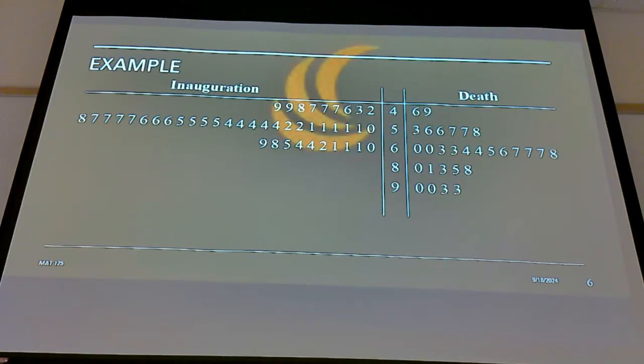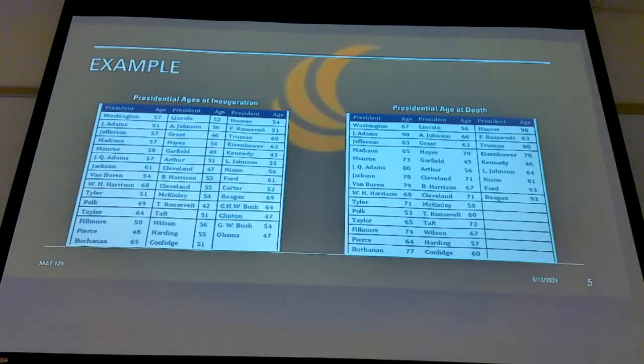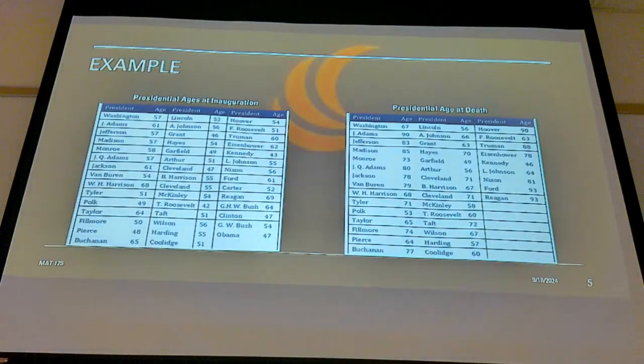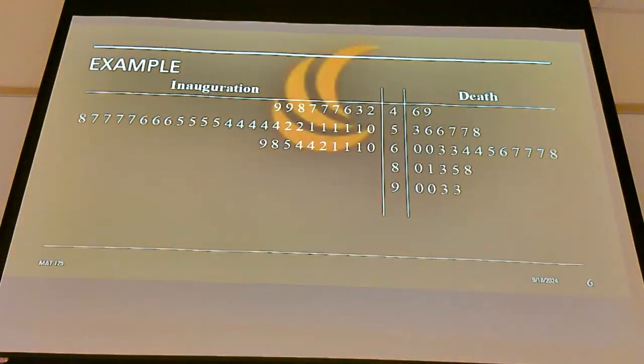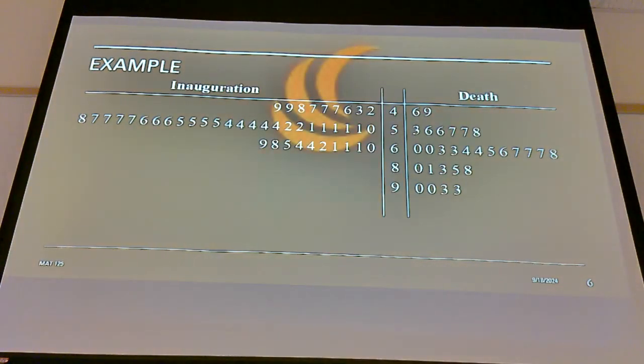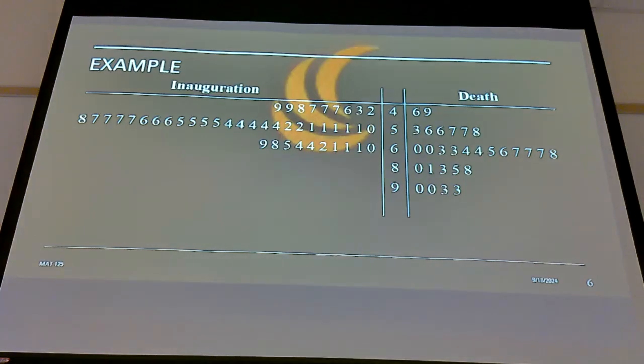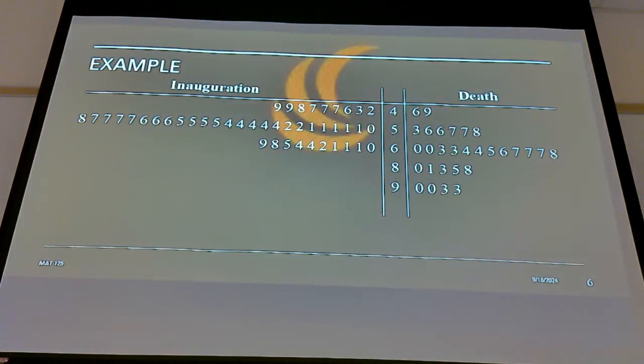Right, so at which point you pick your leaf to be the very last digit. And the stem would be, well, it's just everything in front of the last digit. Right, so let's say these are all decimals. It'd be that tenth place. So it's easy to pick the leaf. It's always the last digit. And the stem is everything that's in front of it. But that is not ideal.